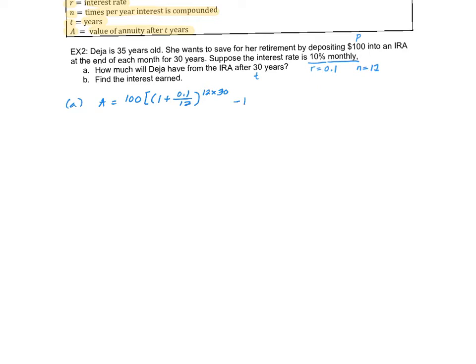We're going to subtract 1. This can get a little bit messy. You might want to clean it up a little bit. And then divide by the rate over n, which was 12. Now, I put this in my calculator, and I'm going to go ahead and just round it to the nearest dollar. I got $226,049.